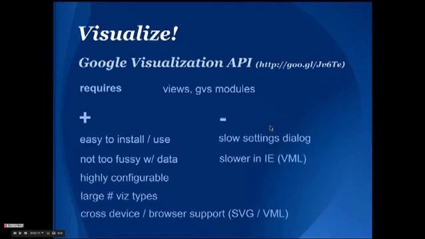So on the Google side, I find it very easy to get fast results. A lot of the settings are exposed through the configuration interface, so you can set all those important aspects of charts that you need for science. You can have proper axis labels and set the axis maximum and minimum, which a lot of Drupal modules won't let you do, or they're not far enough along to let you do that.